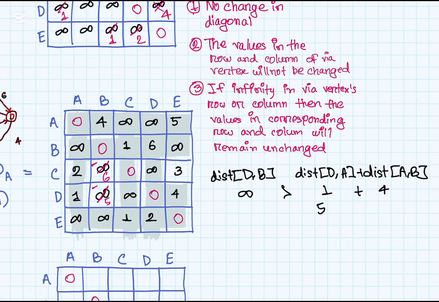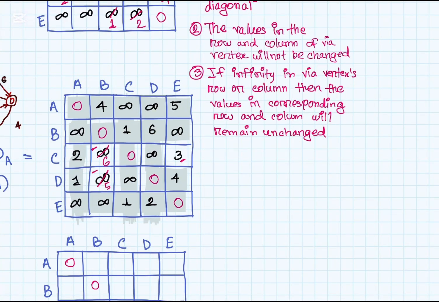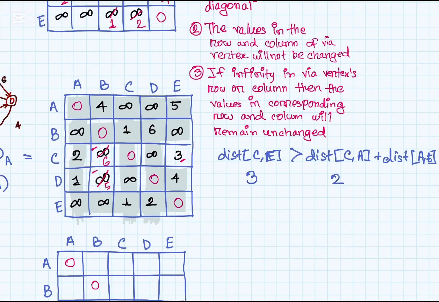And now we have to calculate the distance of this cell via path A. So distance of C to E, whether this is greater than distance of C to A plus distance of A to E. So the distance of C to E is 3 and the distance of C to A is 2 and the distance of A to E is 5.